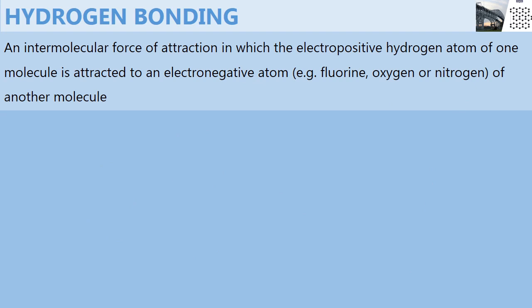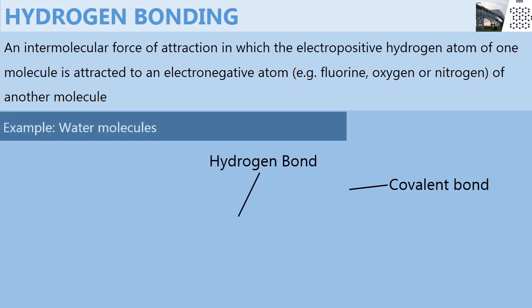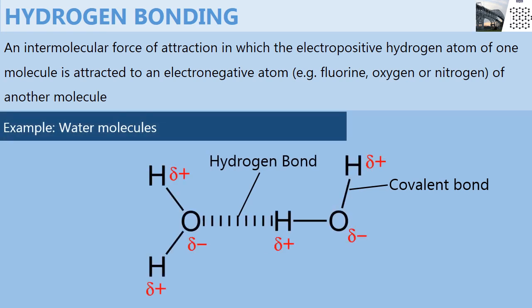Another compound that has hydrogen bonding is the one which has hydrogen and oxygen, which is water, written as H2O. Now with this diagram, you're able to see how hydrogen bonding is formed.